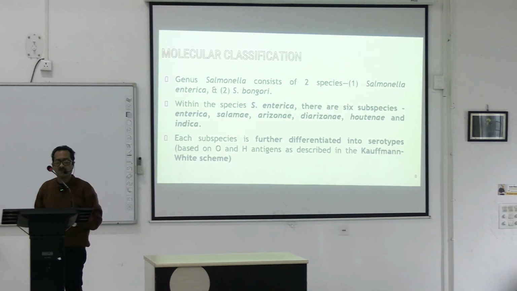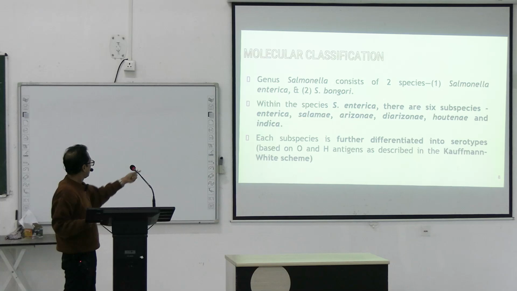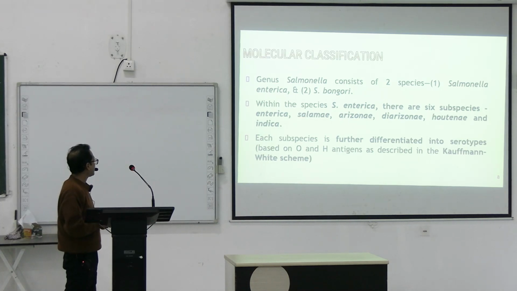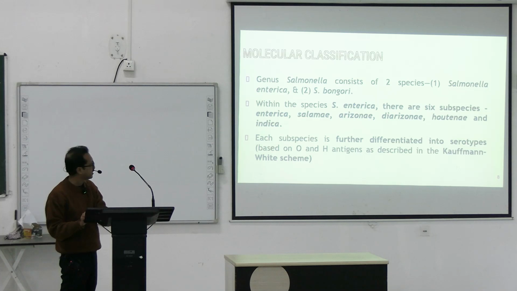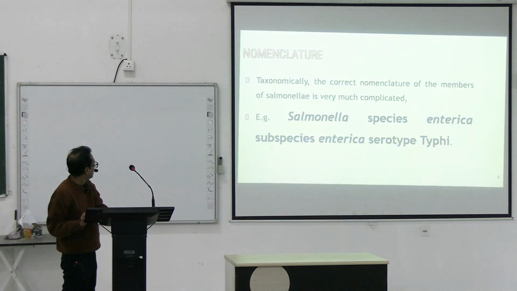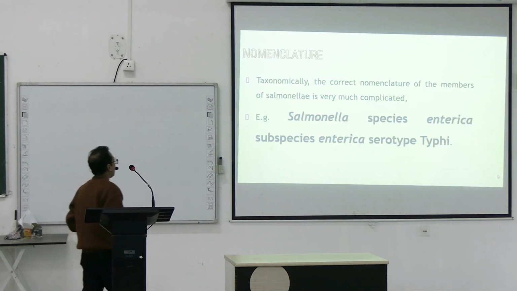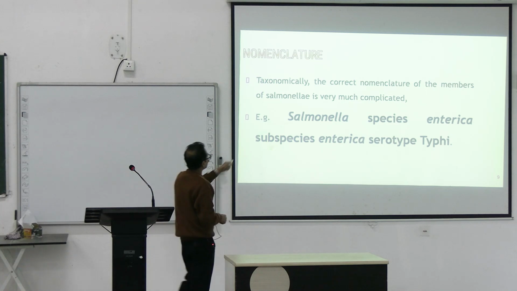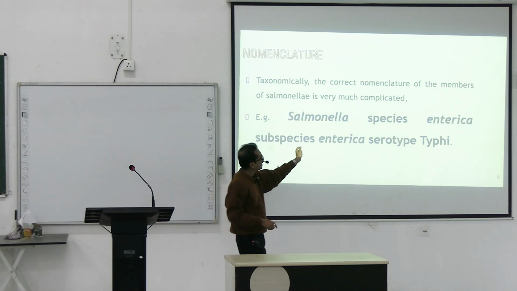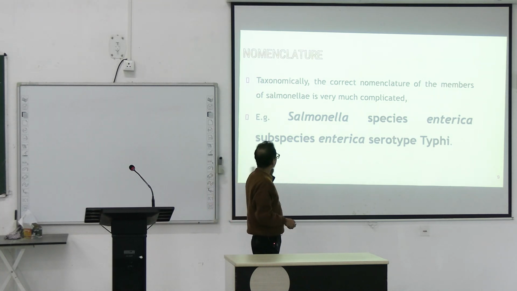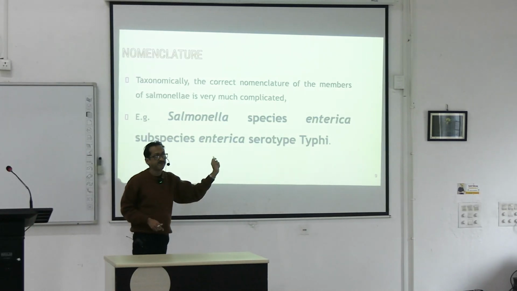Each subspecies is further classified into serotypes based on O and H antigen. That is Kaufman-White scheme, I have shown previously. So, the full name of Salmonella is: genus Salmonella, species enterica, subspecies enterica and serotype typhi.